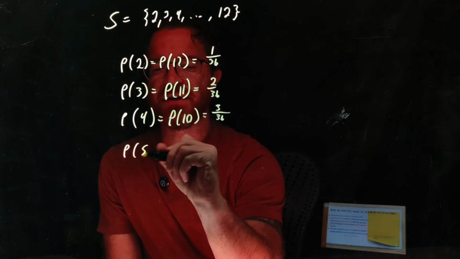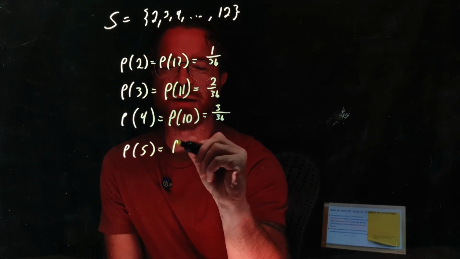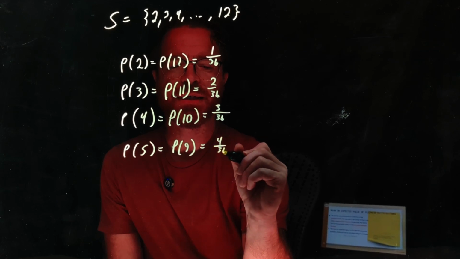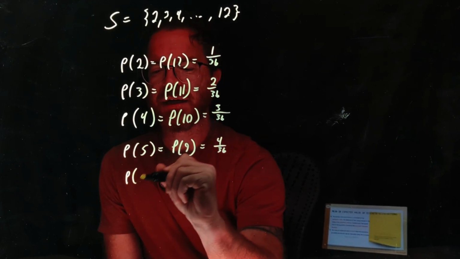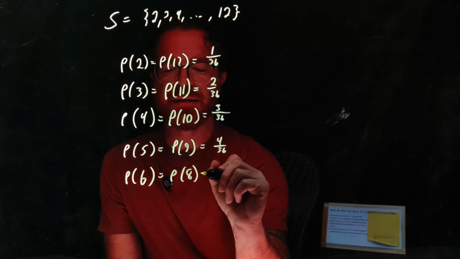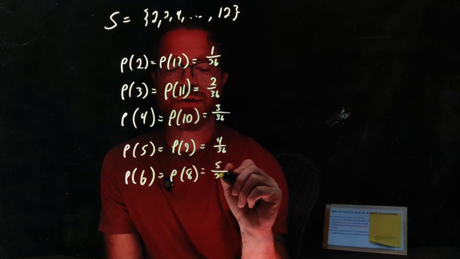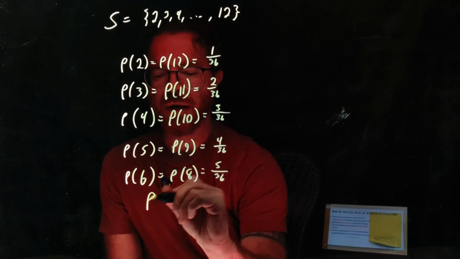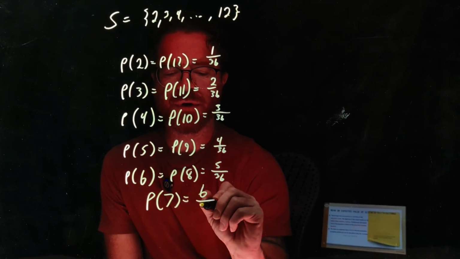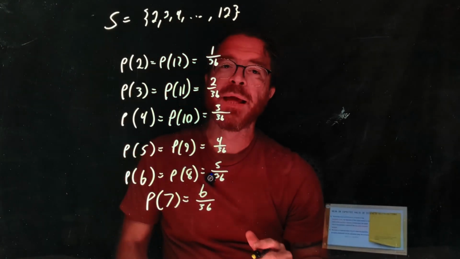The probability of getting a 5, which is equal to the probability of getting a 9, is equal to 4 over 36. The probability of getting a 6, which is equal to the probability of getting an 8, is equal to 5 over 36. And then, of course, the probability of getting a 7 is equal to 6 over 36.